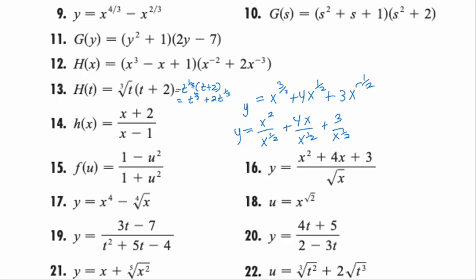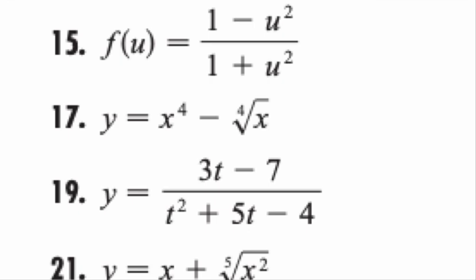So 15, we're stuck doing a quotient rule. 16, we didn't have to make it like this, and then we can do the power rule. So 17, how would we write that so that we could get ready to differentiate? X to the 4th minus x to the 1/4, exactly.